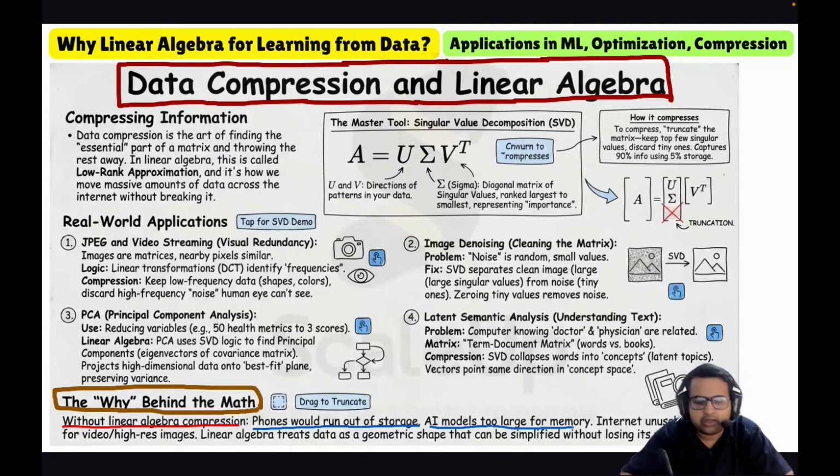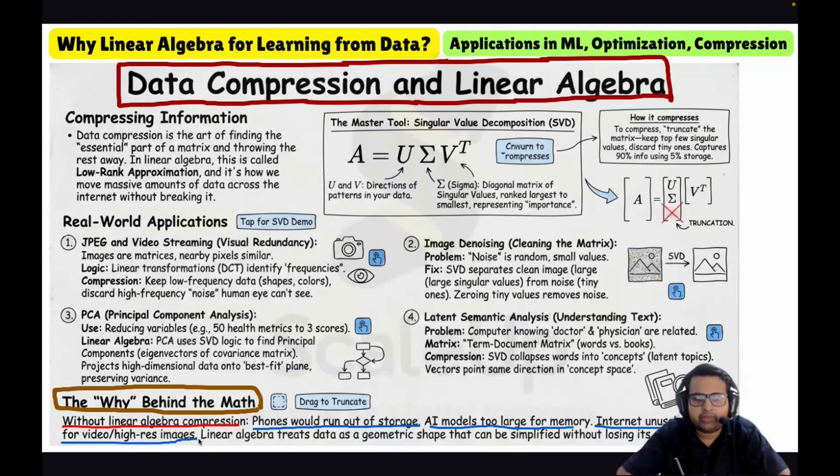The internet would be unusable for video or high resolution images. So everywhere, data compression plays a role, and linear algebra is powering the data compression. So linear algebra data compression has some serious real world applications.